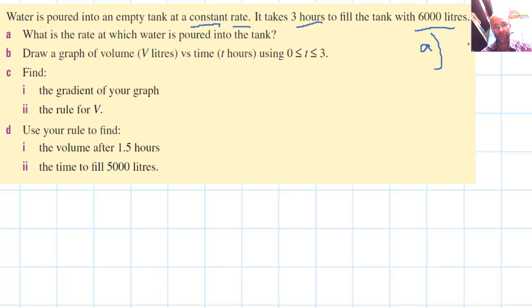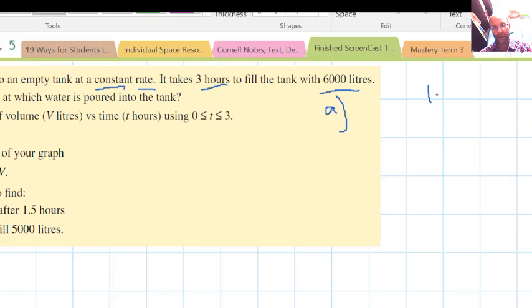So which one depends on which? Well, the volume depends on time. So it's going to be something litres per something hours. So we have a certain number of litres per certain number of hours.